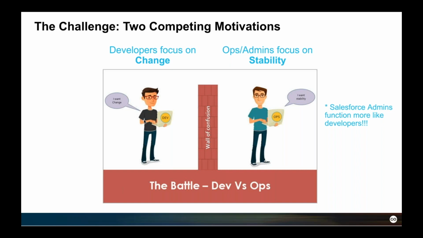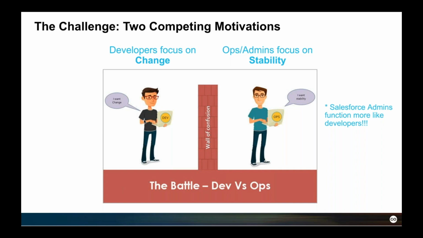And those teams, in fact, sometimes even had different incentive structures. Devs were incented on how much stuff they could release, how many new changes. Ops people were incented based on stability and how well they kept everything running. And so that created competing motivations, competing visions of what success meant, and some tension between these two groups.